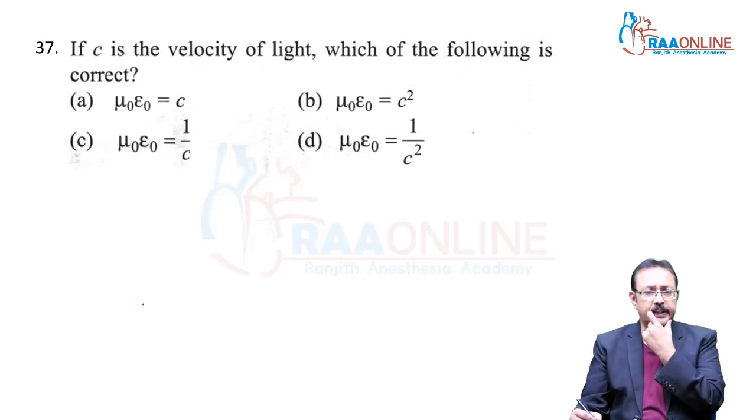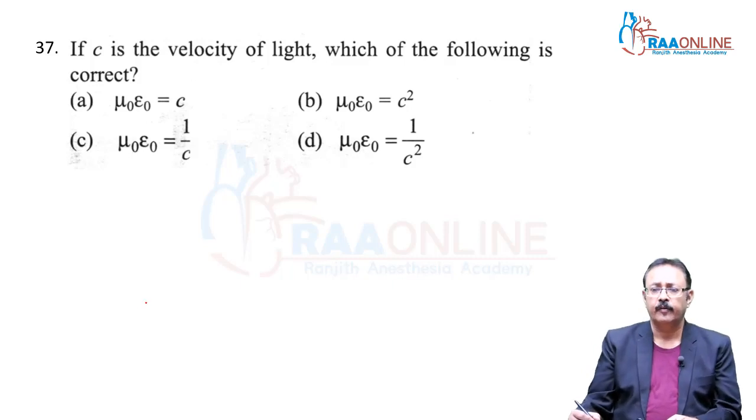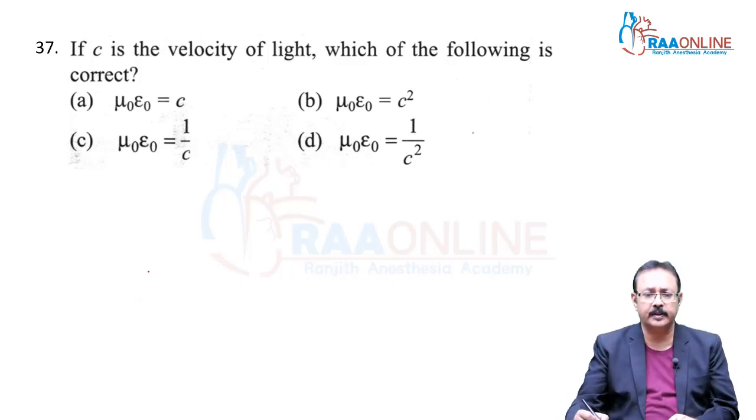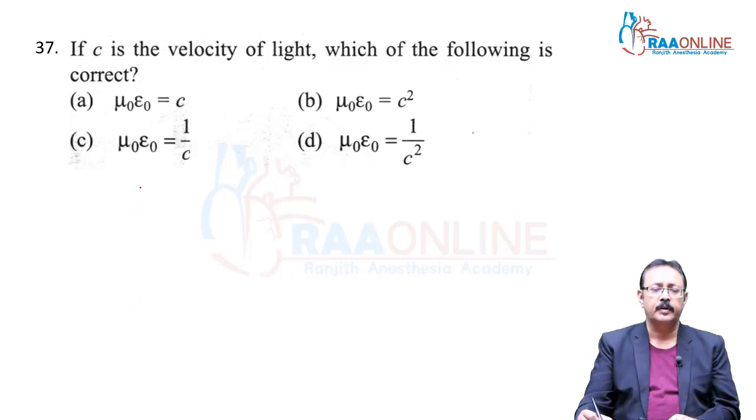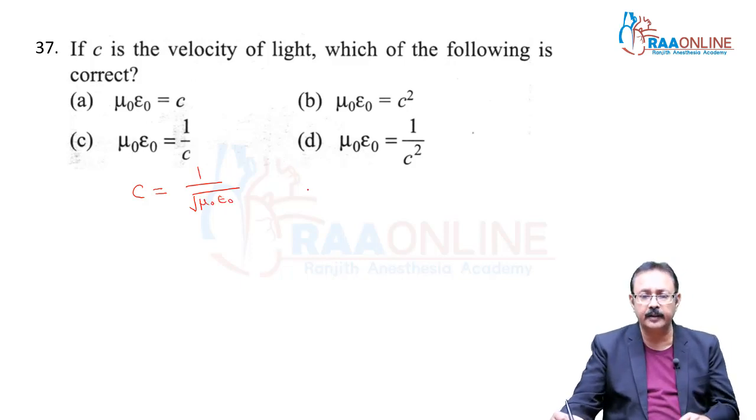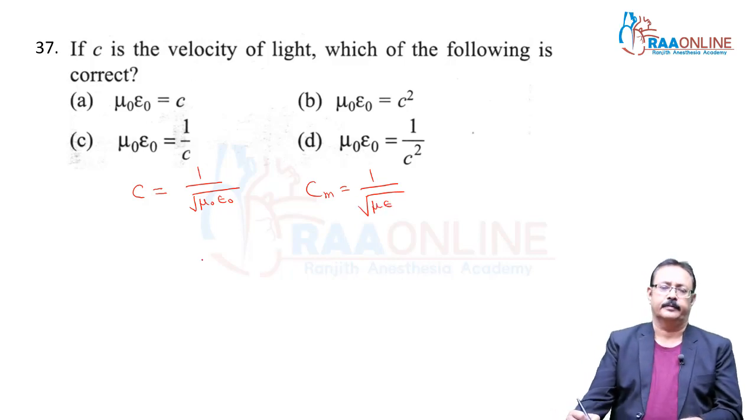37th. If C is the velocity of light, which one of the following is correct? I told you that speed of light we can calculate by 1 upon under root mu naught into epsilon naught. And if you want to calculate in any other medium, you can calculate by putting the permeability and permittivity of that medium, means mu into epsilon.